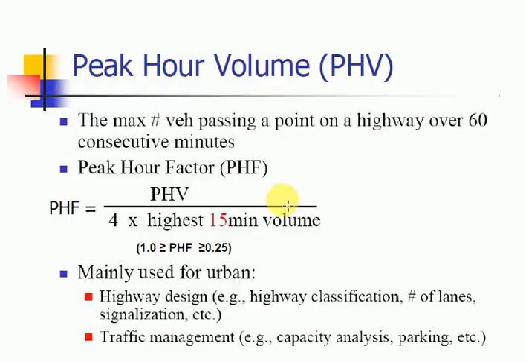Suppose it is around 12,000, for example, divided by 4 times the maximum of those 4 time slots. For this case 4000 would be the maximum time slot. So 4 times 4000, that is the highest 15-minute volume, and the total volume for that particular 1 hour. By this we can calculate the peak hour factor.